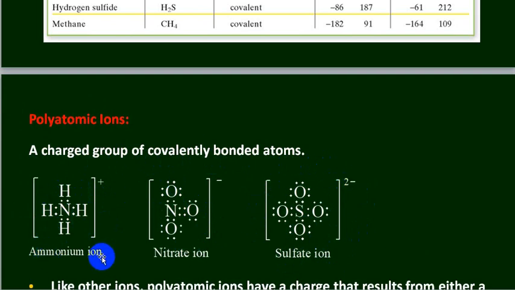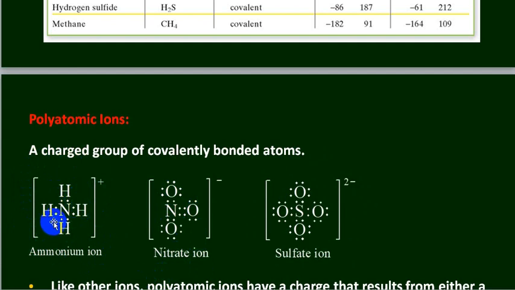For example, the ammonium ion: 1 atom of nitrogen and 4 atoms of hydrogen, NH4. Nitrate ion, NO3.